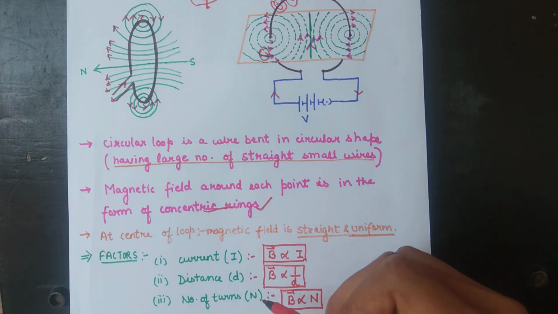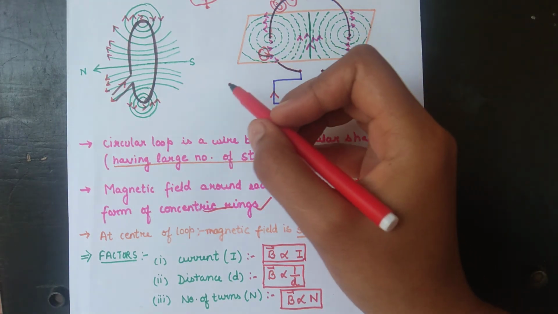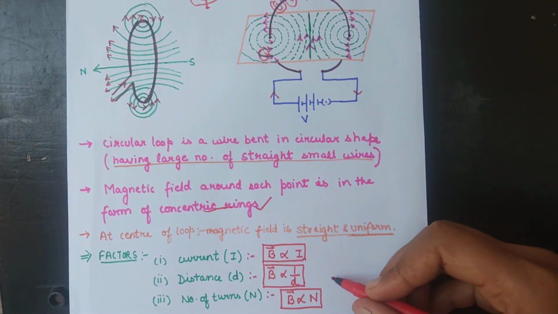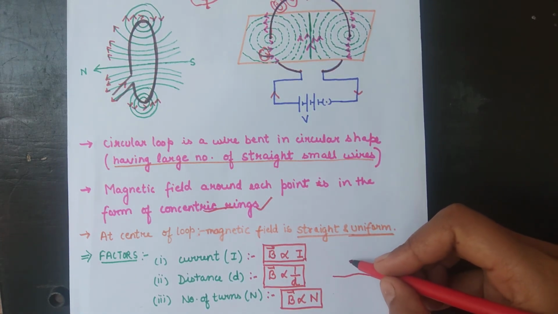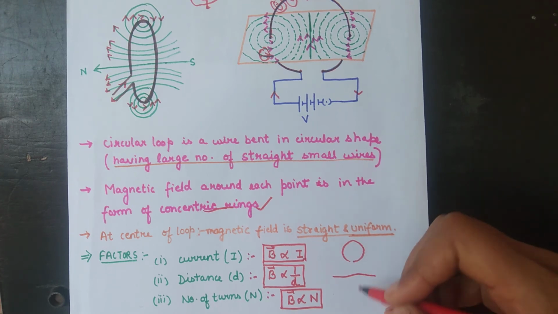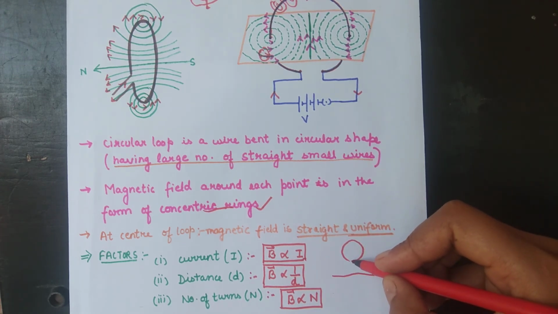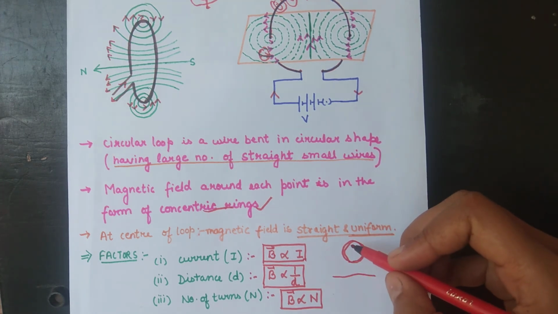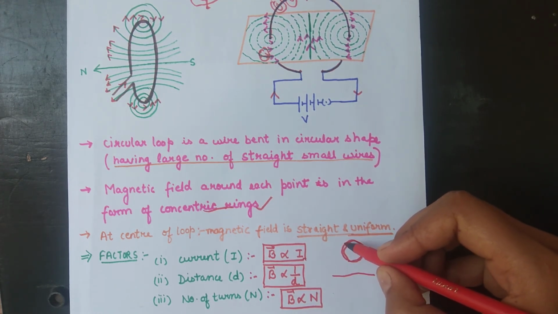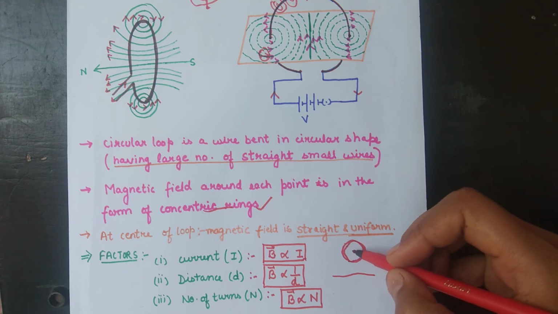The next factor is the number of turns. If we have a straight wire and we increase the number of turns, suppose we have made one loop, but then we increase the number of turns like this, then there are two parts, so the effective magnetic field from both will be there.